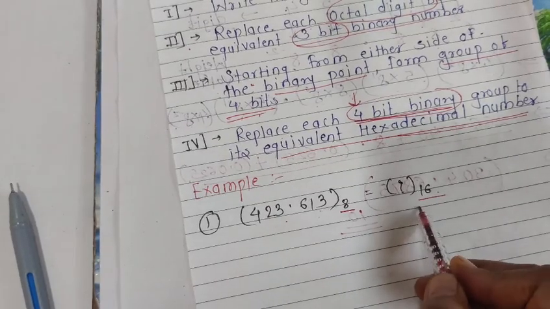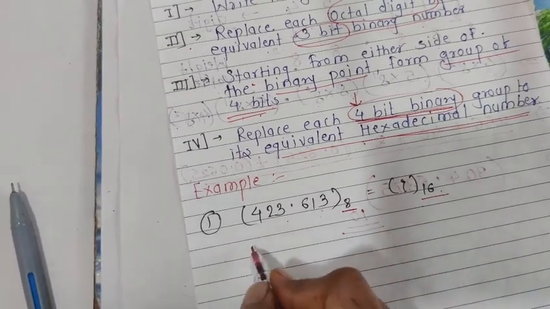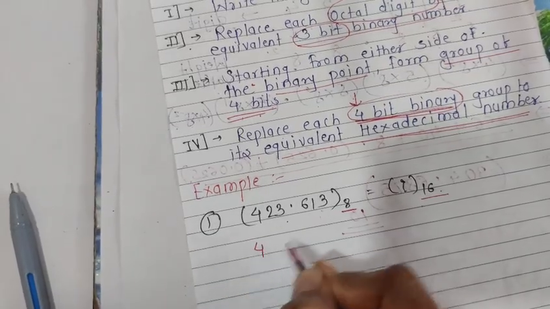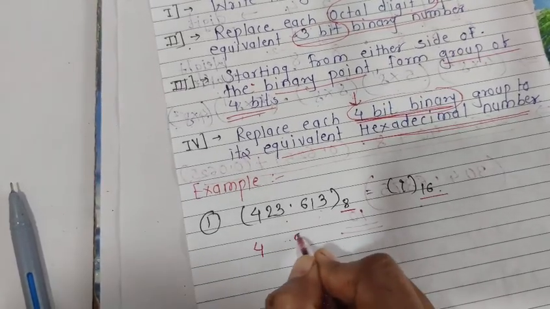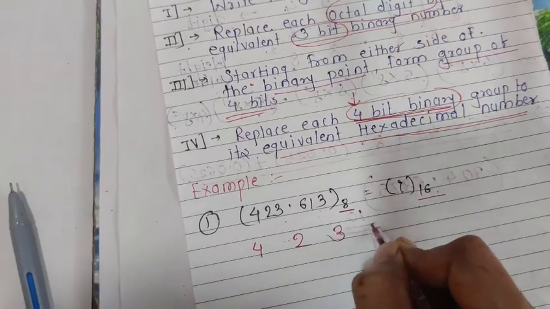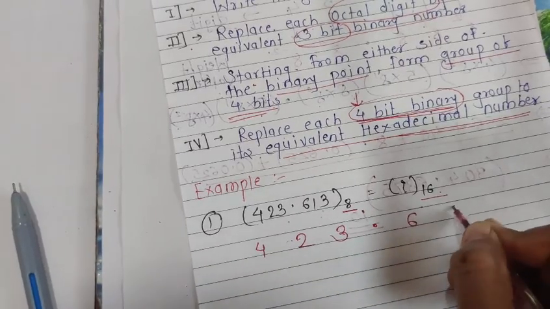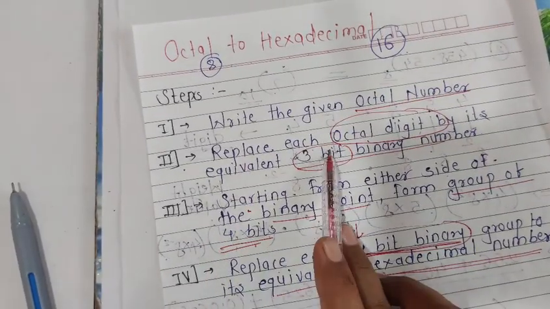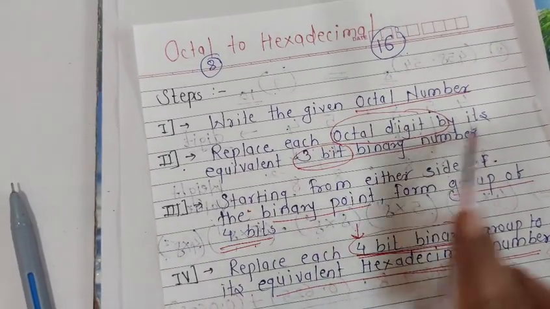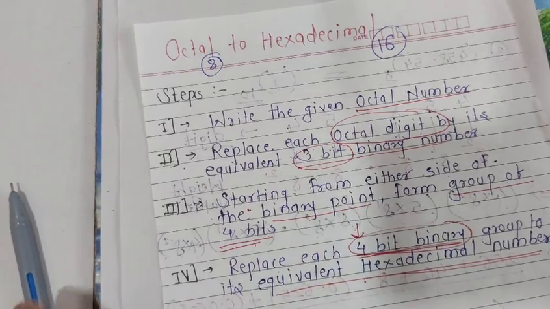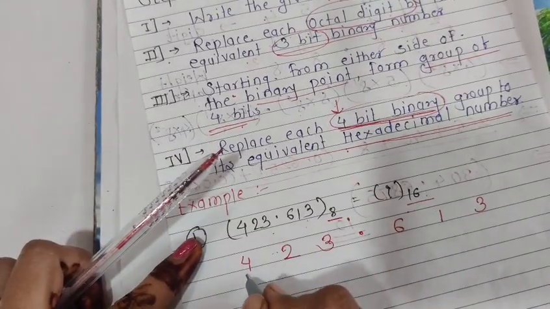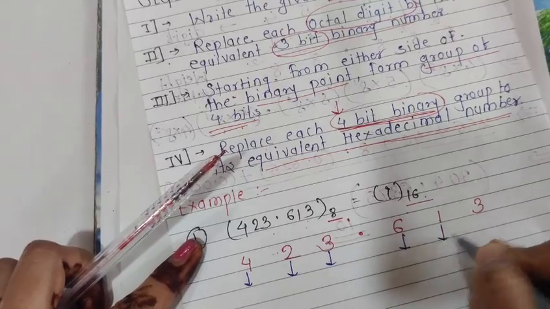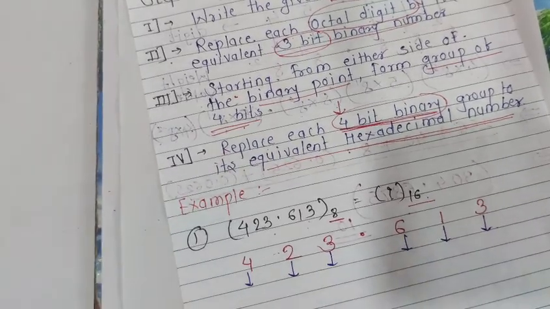Write down the given number as it is: 423.613. Then what is the next step? Replace each octal digit by its equivalent 3-bit binary number. So replace each and every digit of the octal number with a 3-bit binary number.